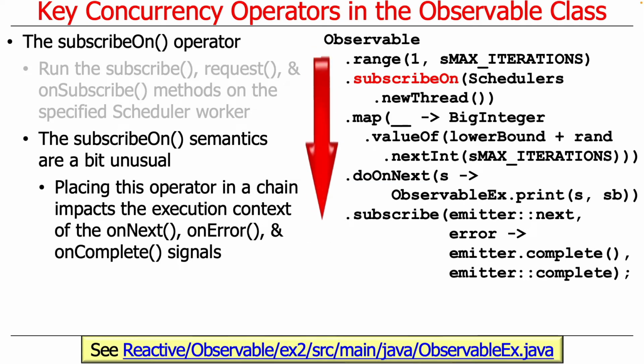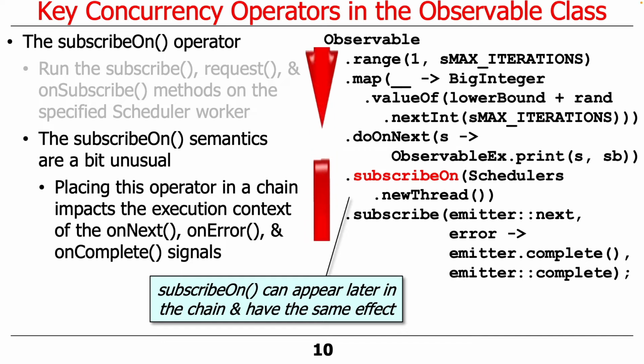So whether we put it up here or we put it down there, doesn't matter. The whole chain will run in the context of the thread, assuming that the operators have lazy evaluation semantics. The ones that don't would be things like the just operator, or the fromArray operator, or the fromIterable operator. Those run in the assembly thread, not in the scheduler thread.